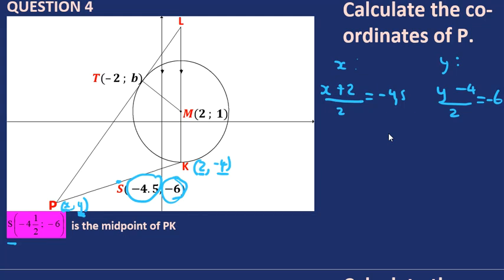So now we may simplify. Of course, 2 times -4.5 will give us -9. 2 times -6 will give us -12.